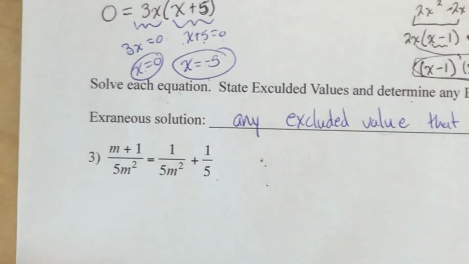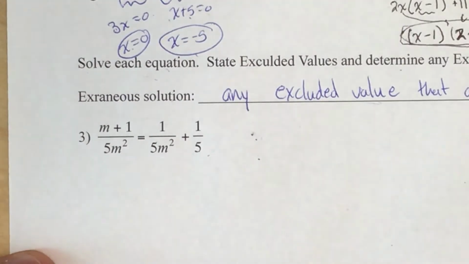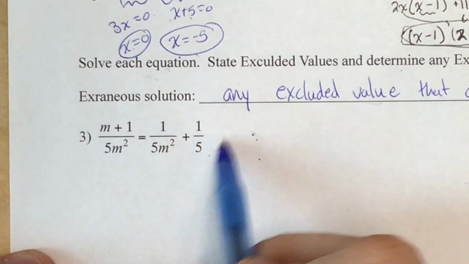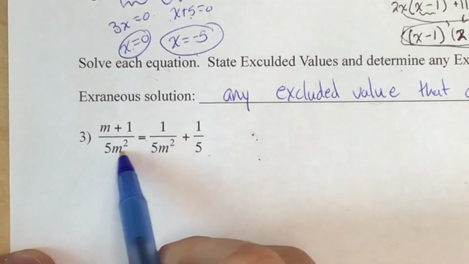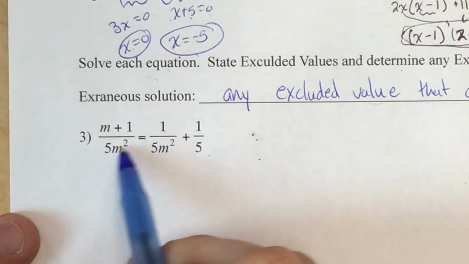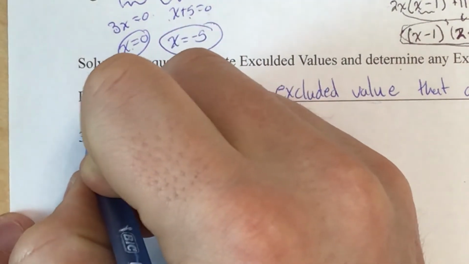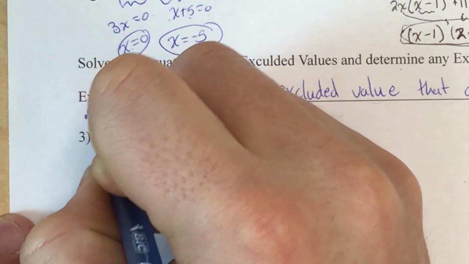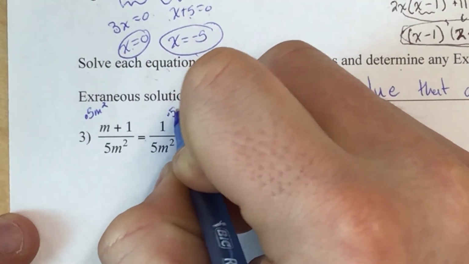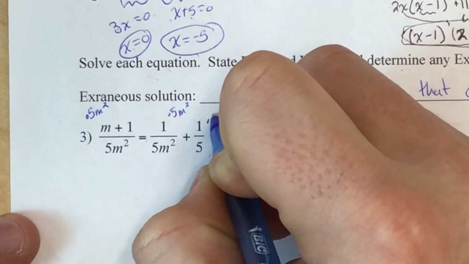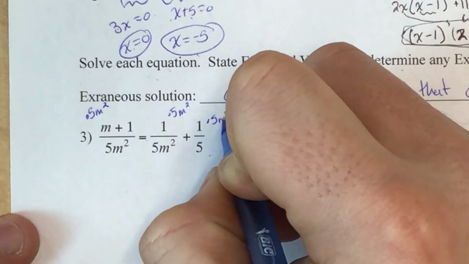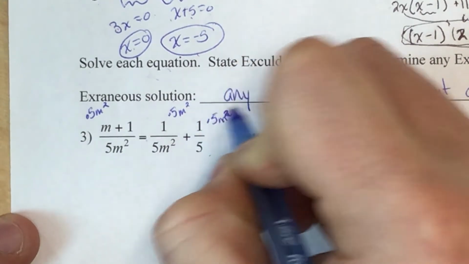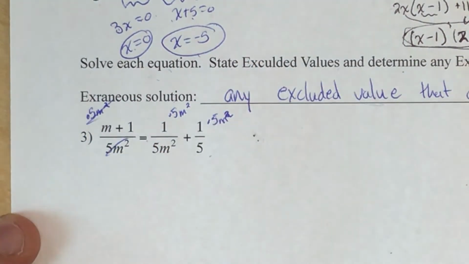So for this first example 3, we have an equal sign with these rational expressions, so we want to eliminate the denominator. So this 5m squared needs to multiply into each term to get rid of the 5m squared in the first term.